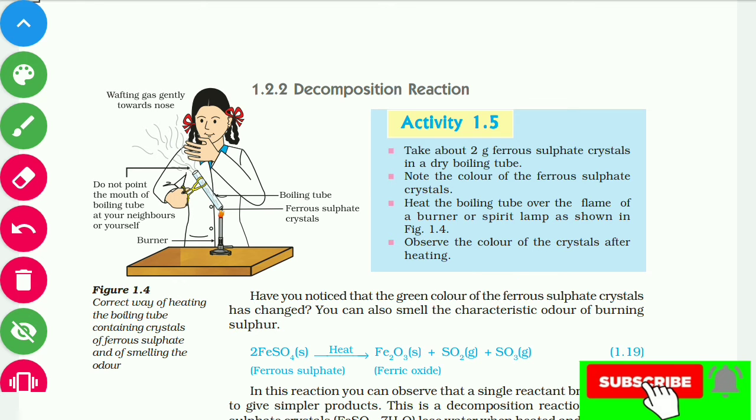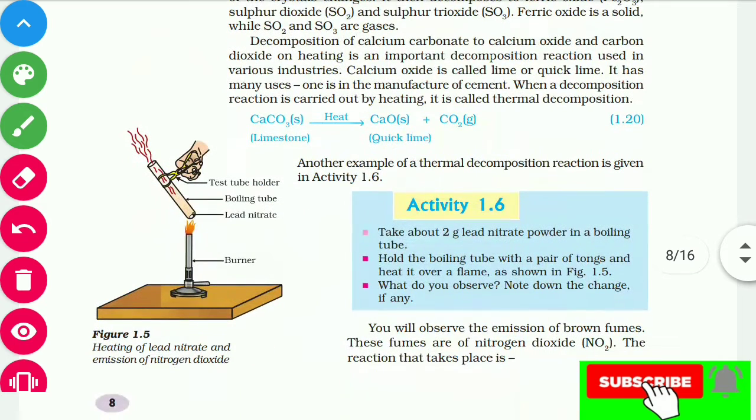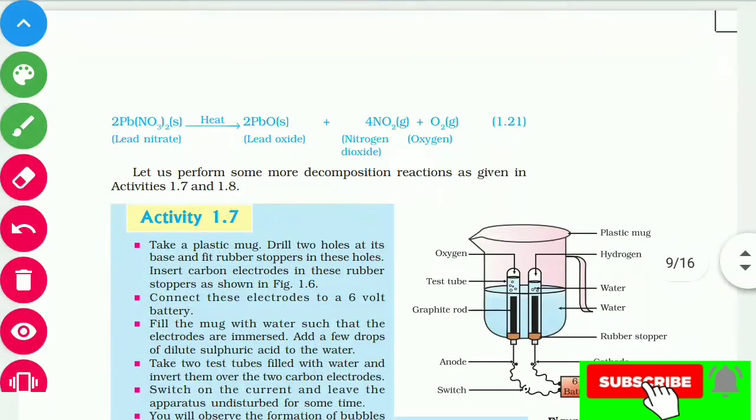Here also there is a single reactant and two products, so this is a decomposition. Decomposition means breaking down, to decompose. Here also there is a single reactant and two products, so this is a decomposition reaction.